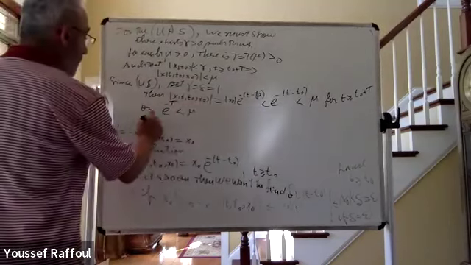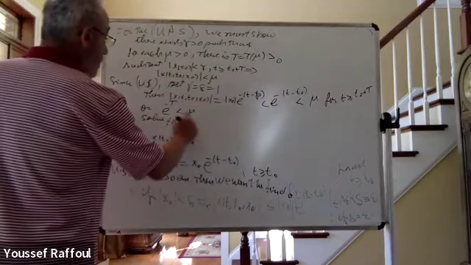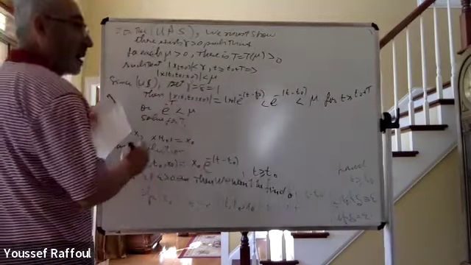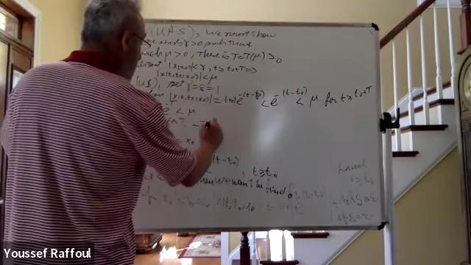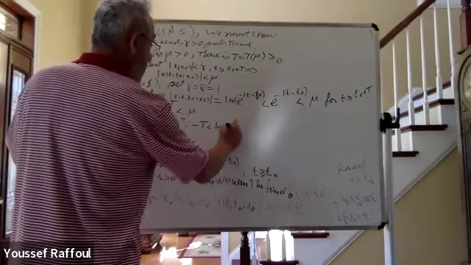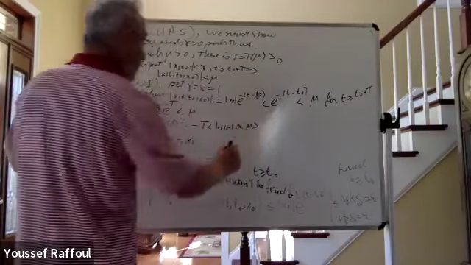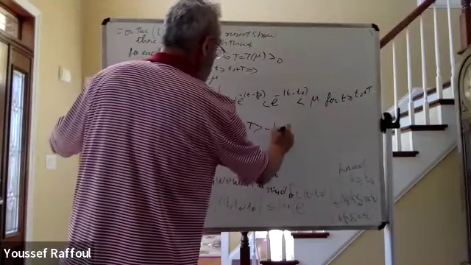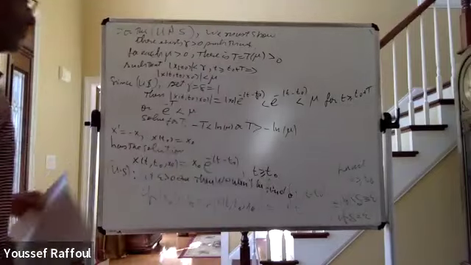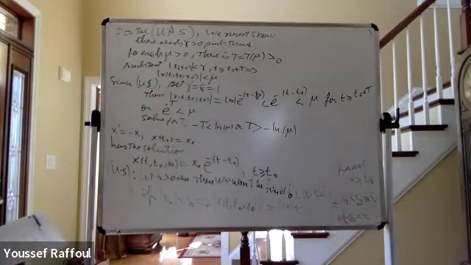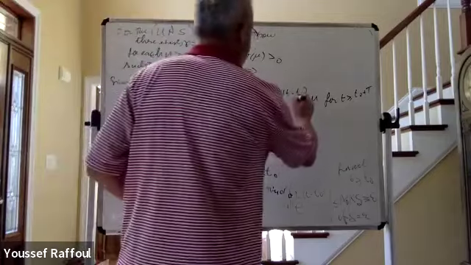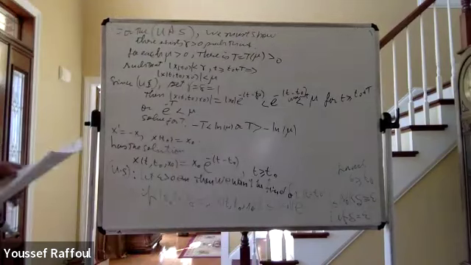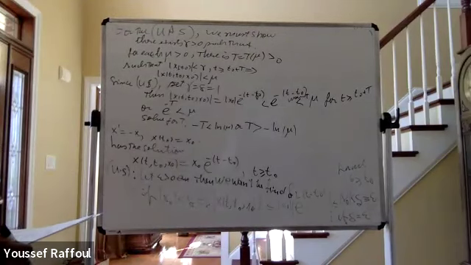So now solve for t. Take the logarithm. This will be minus t less than ln of mu, or t is bigger than minus ln of mu. So we want this for t bigger or equal to t naught plus t.